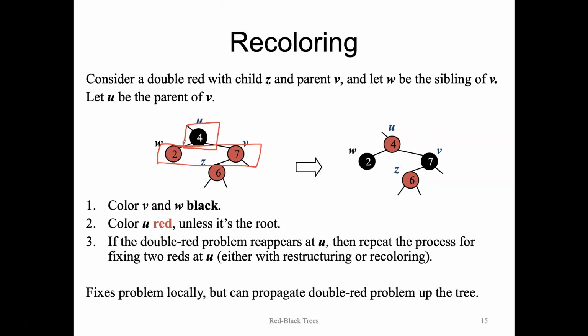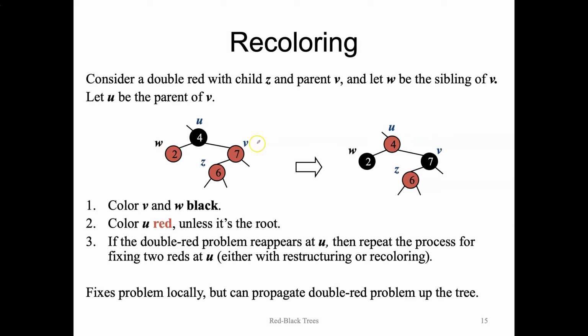This will locally fix our double red, but it's possible that by doing so we propagated this double red up our tree, because maybe the parent of this node is also red. That would have been fine in our old tree before we changed it at all, but we just colored this node red as well, so it's possible we propagated this double red up our tree.